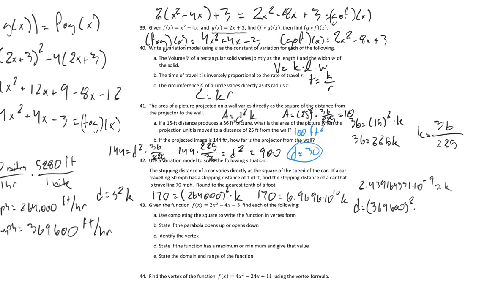And we already found our k. So our k is going to be, I'm just going to write it this way, 170 over 264,000 squared.